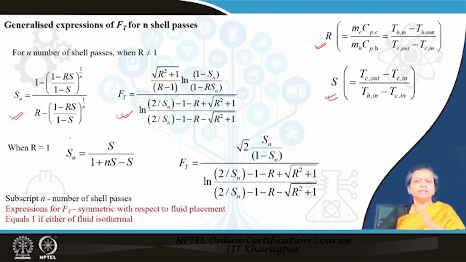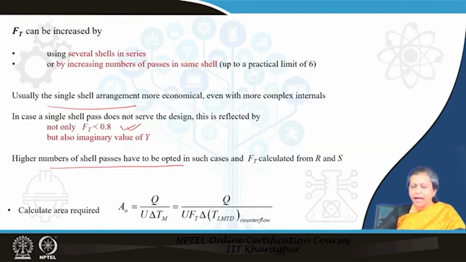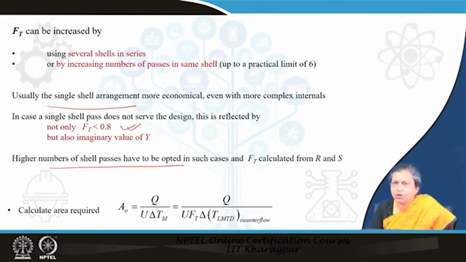So if you interchange the fluids, the Ft does not change, and Ft is equal to 1 for truly co-current, truly counter current, and when either of the fluids is isothermal. So once you have found out the Ft, you have decided on the number of shell passes and number of tube passes. Generally, again I repeat, we would prefer one shell pass and multiple tube passes.